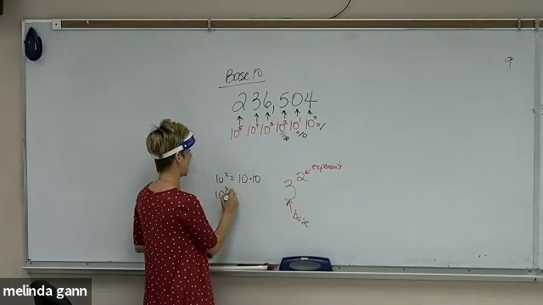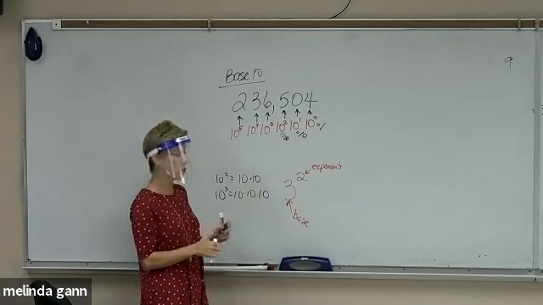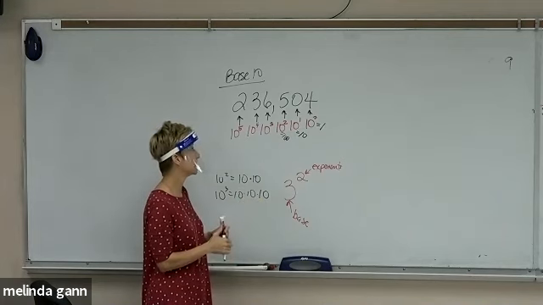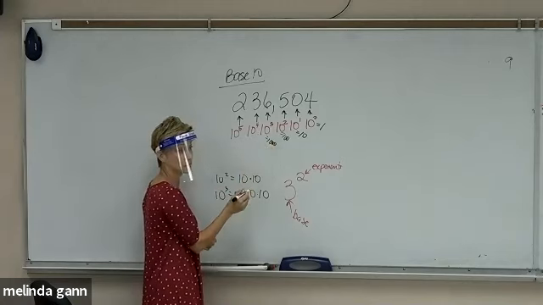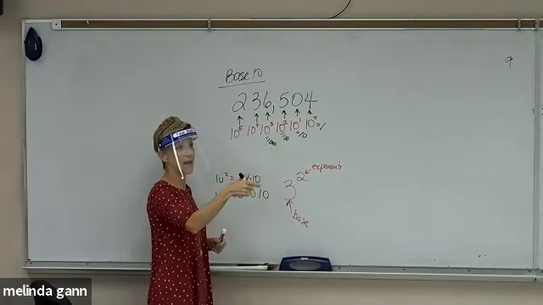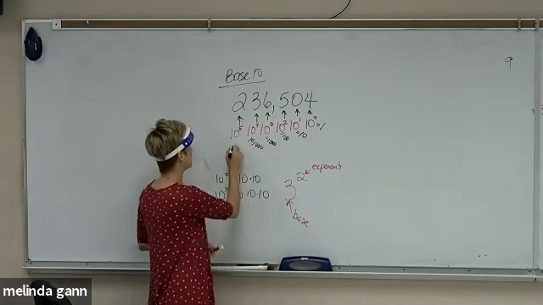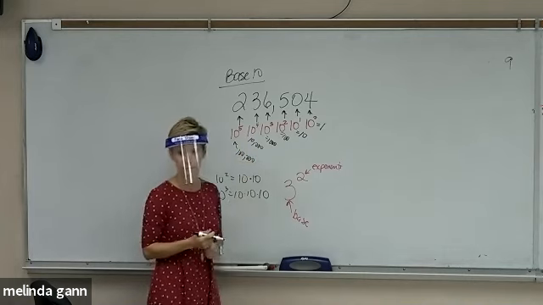Well, that means you have 10 times 10 times 10. Well, you told me 10 times 10 was 100. What's 100 times 10? And didn't you tell me a second ago that that was your thousands column? If you multiply 10 by itself 4 times, you get 10,000. If you multiply 10 by itself 5 times, you get 100,000.